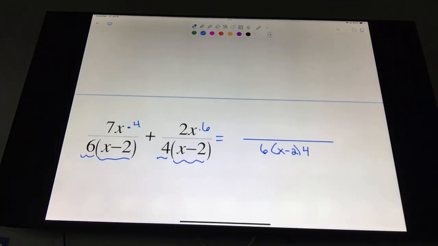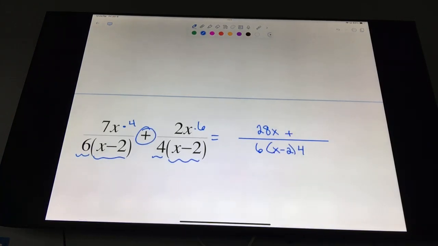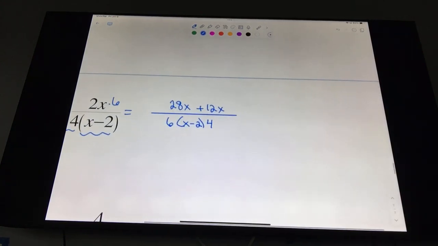So I multiply 7x times 4, 28x, plus comes over, 2x times 6, 12x. So then we're going to add: 28 plus 12 is 40x. And in the denominator, we're going to put together those two, because that looks really weird written like that.